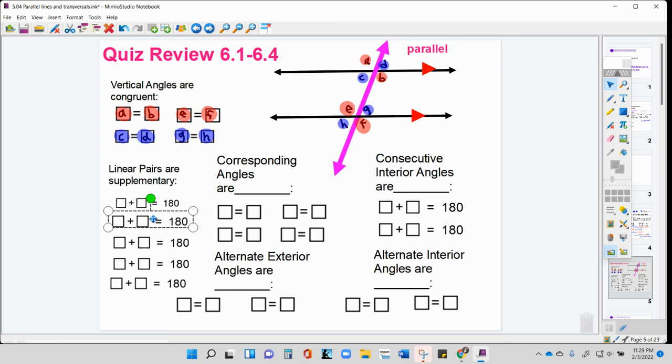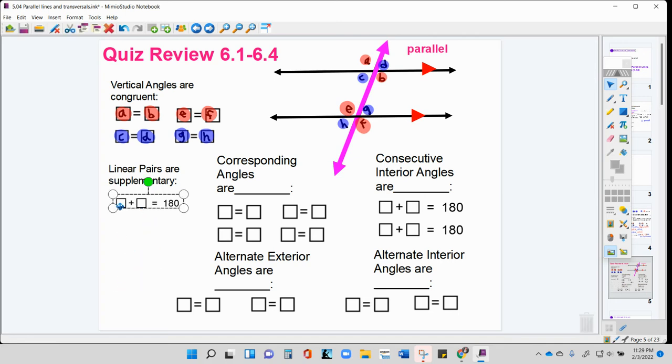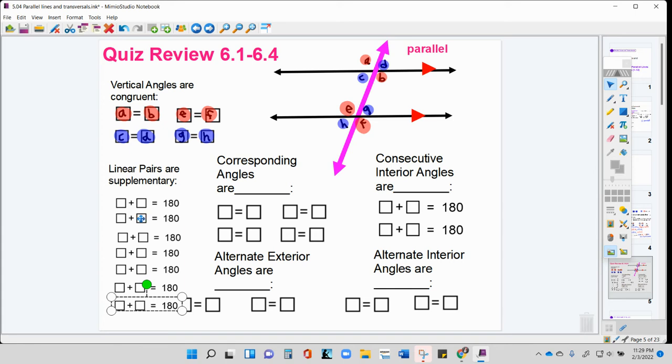Let me get rid of these so that it fits. 1, 2, 3, 4, 5, 6, 7.